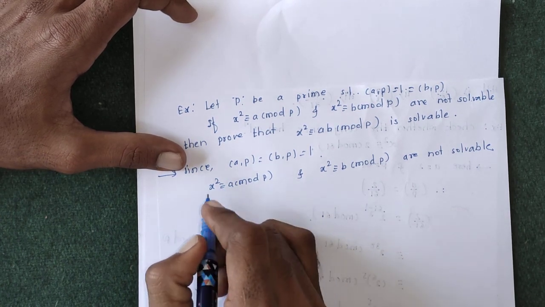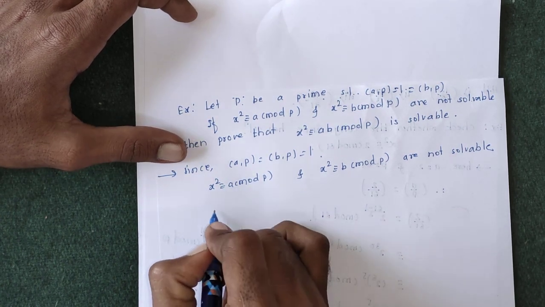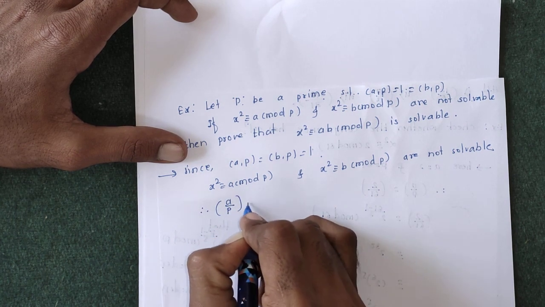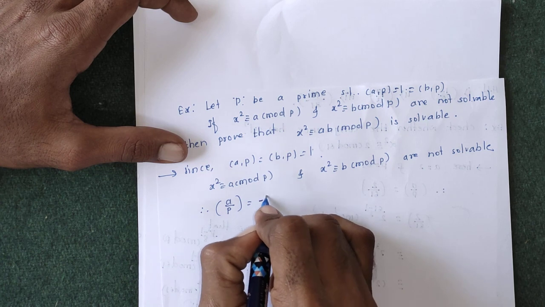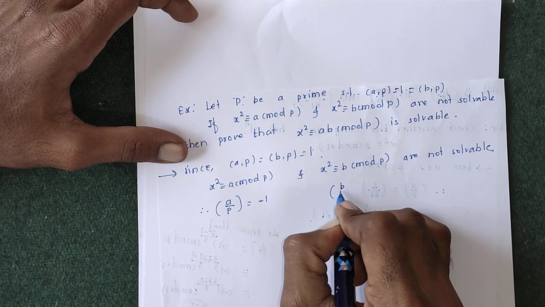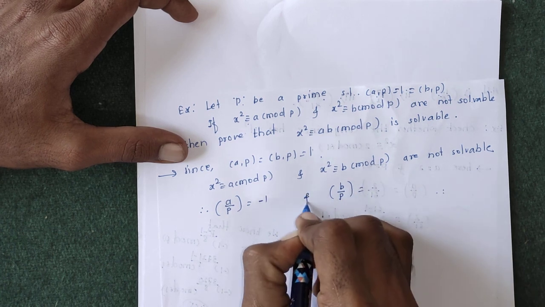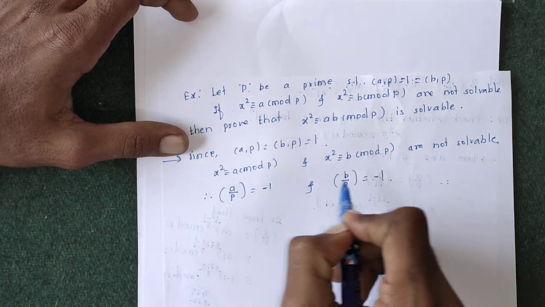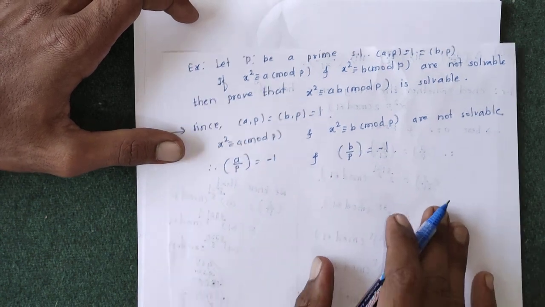If this congruence has no solution, then by using the definition of the Legendre symbol, the Legendre symbol of A and P is minus 1. Also the Legendre symbol of B and P is minus 1.